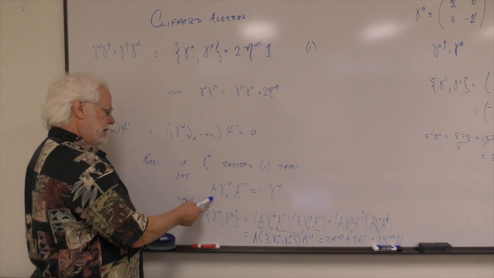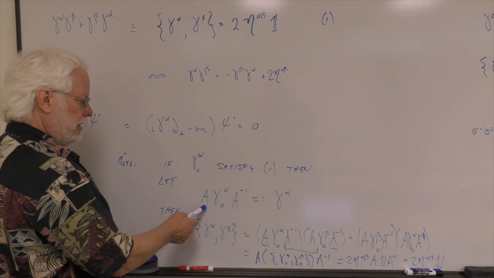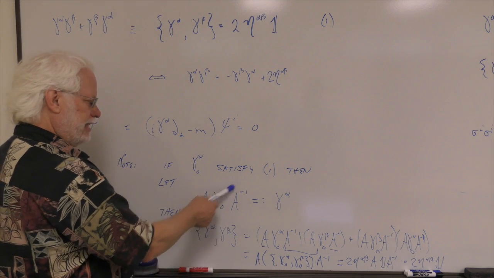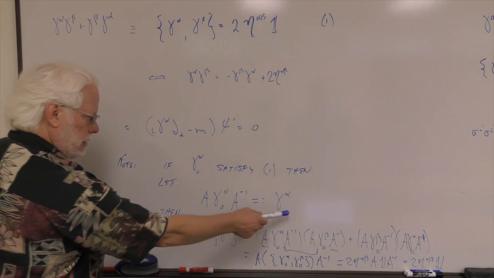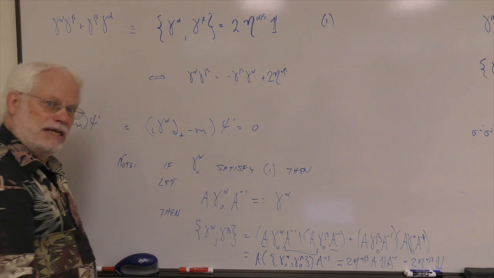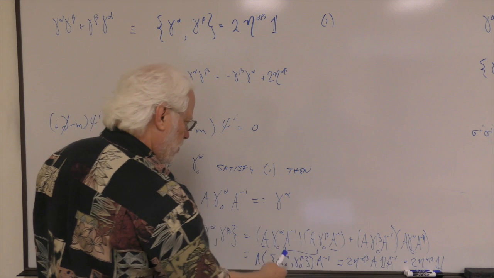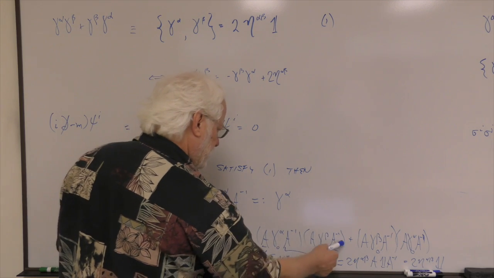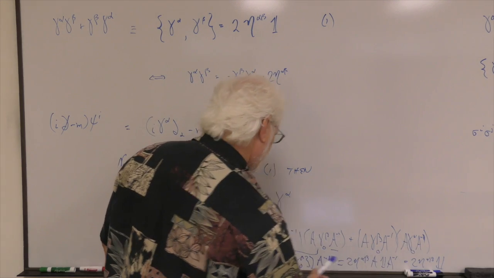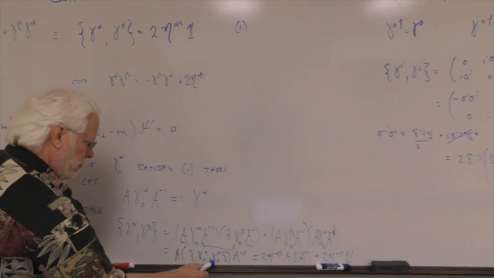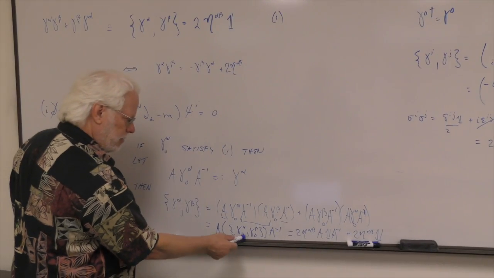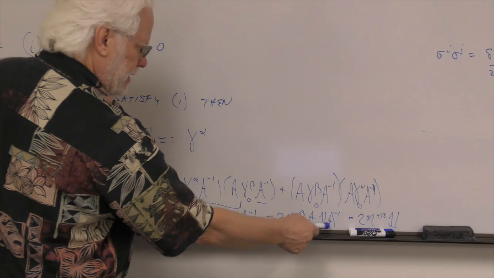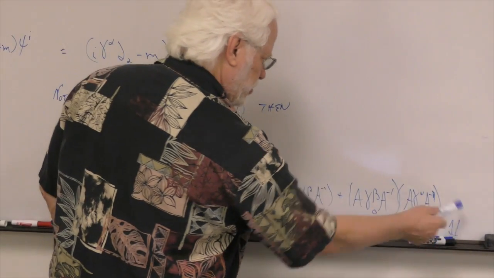Any element of GL(N,C), or GL(4,C), the general linear group in 4 complex dimensions, if I multiply by one element here and its inverse there, and substitute to find the anti-commutator of these new gamma matrices, then expand out, what happens is that A inverse here just gives the identity and just leaves the outer A and A inverse on each term, so that we have the outer A and A inverse sandwiching the anti-commutator of the original gamma zeros, which we know is twice eta times the identity. And the similarity transformation of the identity, of course, is just the identity.